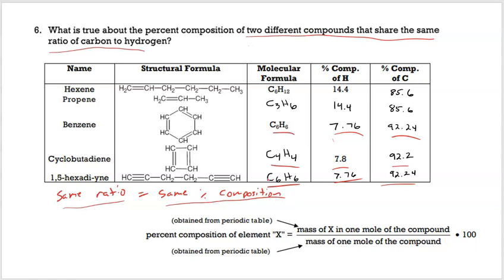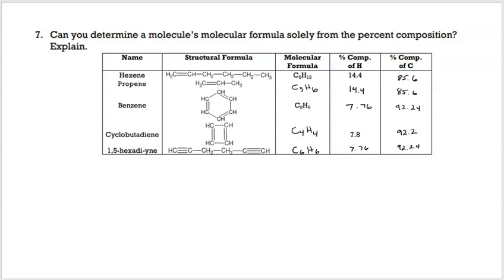Now that's going to be important to us when we get to what are called empirical formulas here. All right. So, number 7, it asks whether we can determine a molecular formula solely from the percent composition. And answer to that again, so if I know this, right, can I automatically tell that?